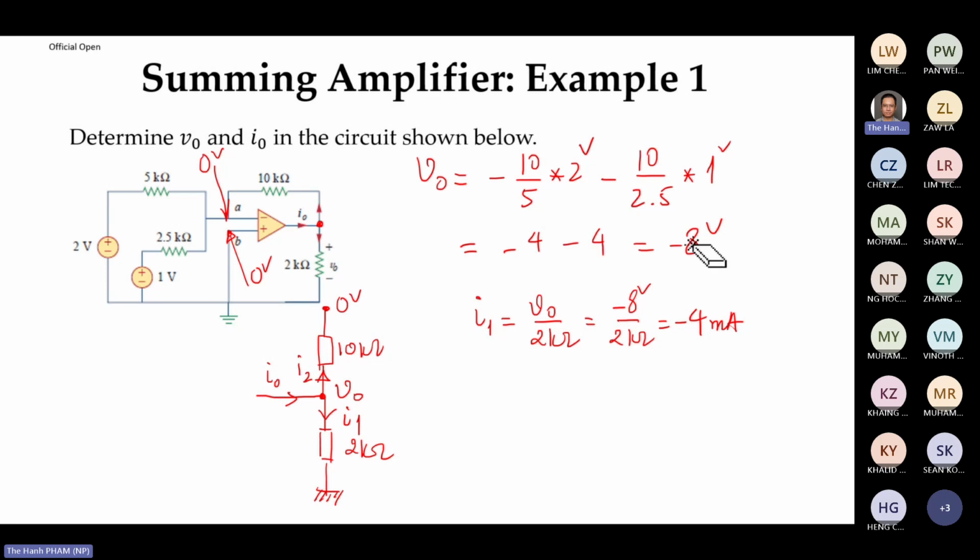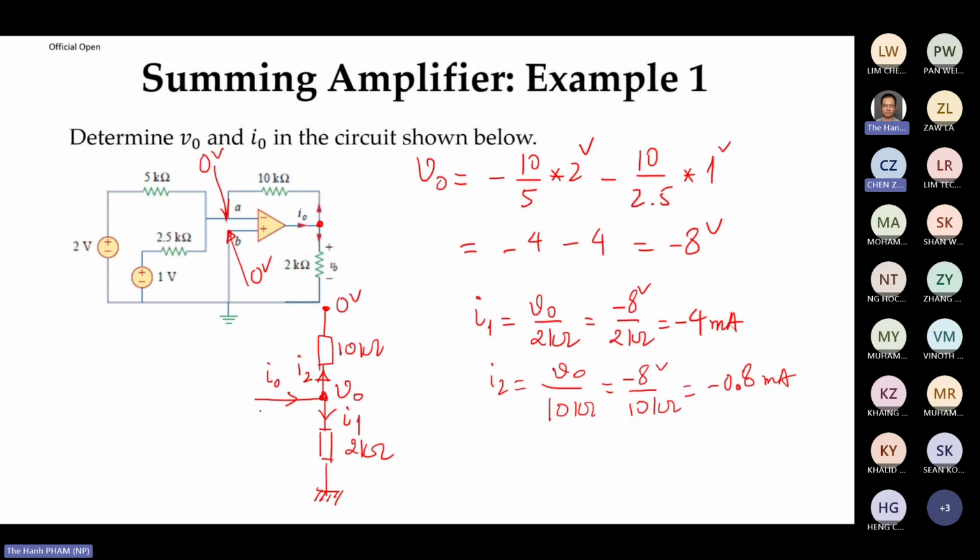Okay. How about I2? I2 is V0 divided by 10K, right? So we have minus 8 volt divided by 10K, which is minus 0.8 milliampere, right?